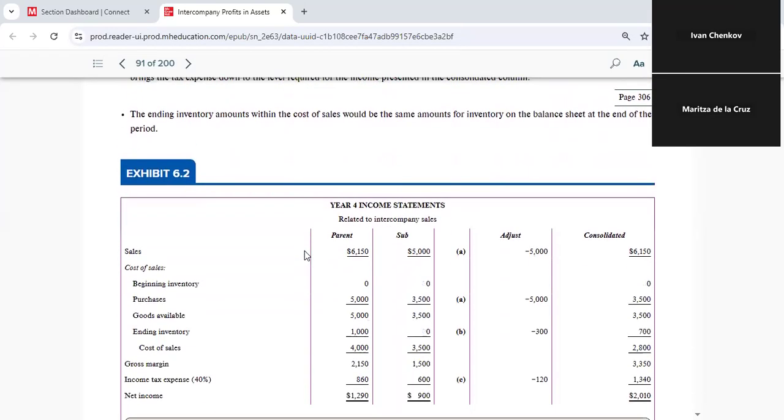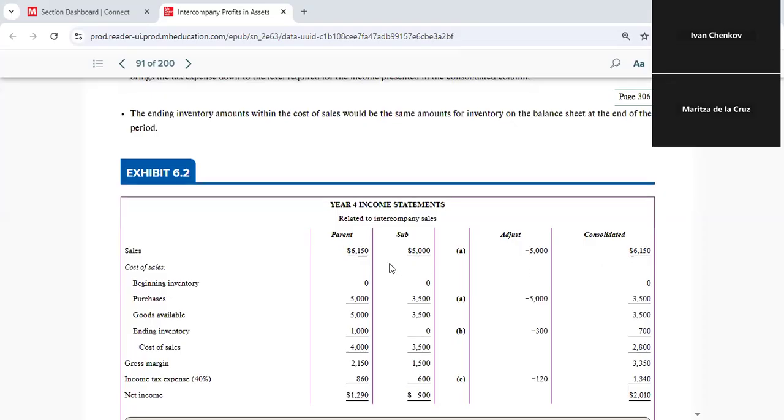The first calculation: the parent sells for 6,150, the subsidiary sells for 5,000. But the 5,000 is related to sales from the subsidiary to the parent, that's the intercompany transaction. We're going to adjust for that. So the only thing that we're going to show is the 6,150 related to the sales to third parties.